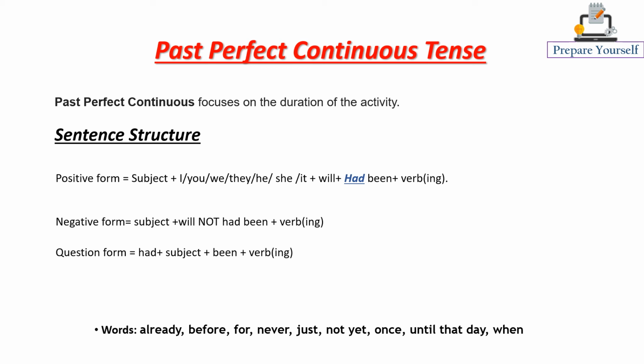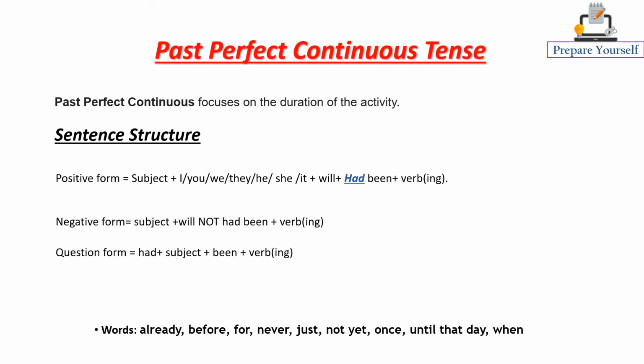Positive form: subject plus I, you, we, they, he, she, it plus had been plus verb in the ing form. Negative form is subject plus had not been plus verb in ing form. And for interrogative or question form, we use had plus subject plus been plus verb with ing form.